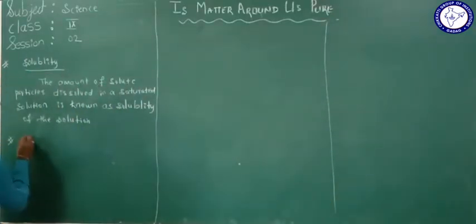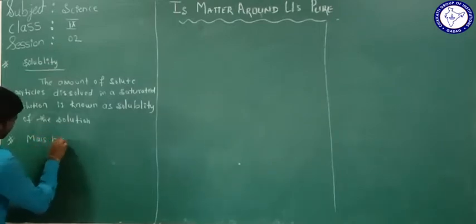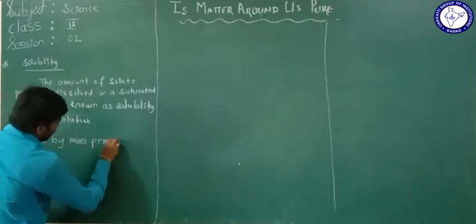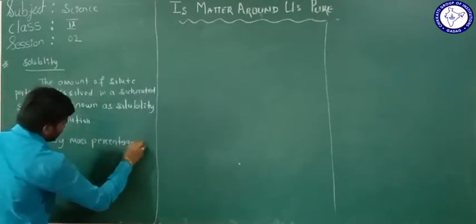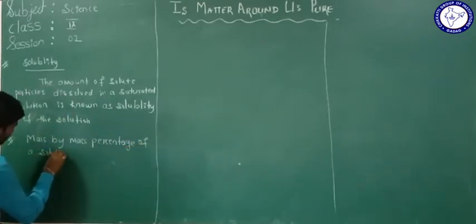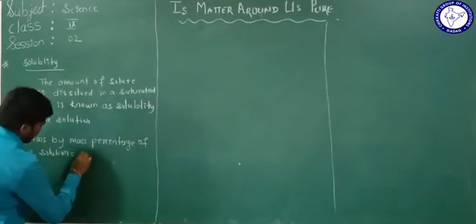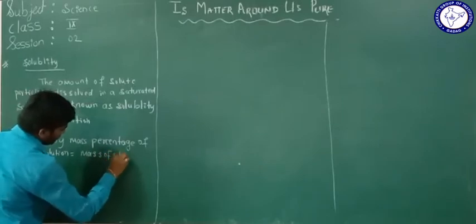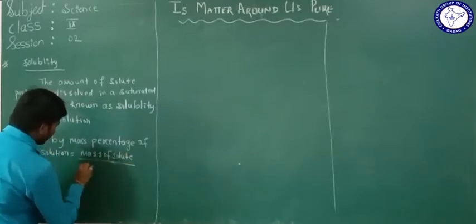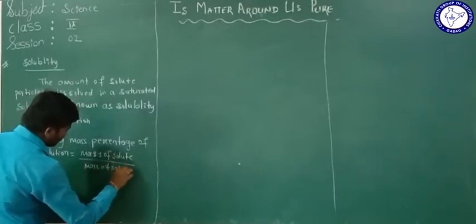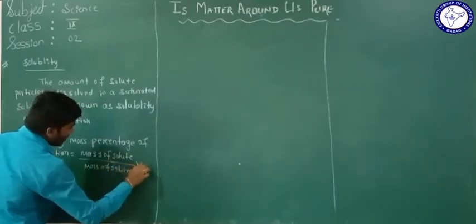First method is mass by mass percentage. Mass by mass percentage of a solution is equal to mass of solute divided by mass of solution into 100.